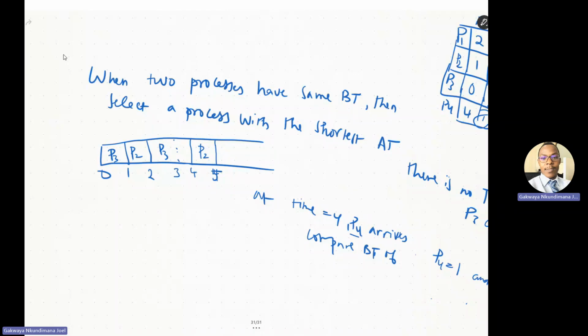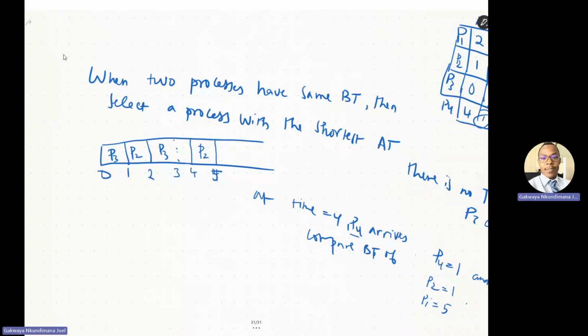What are those which are in the waiting queue? We have P2 and P1. P2 with the burst time equal to 1 because we updated. P1 with the burst time equal to 5. It's 5 because we did not enter into the process.